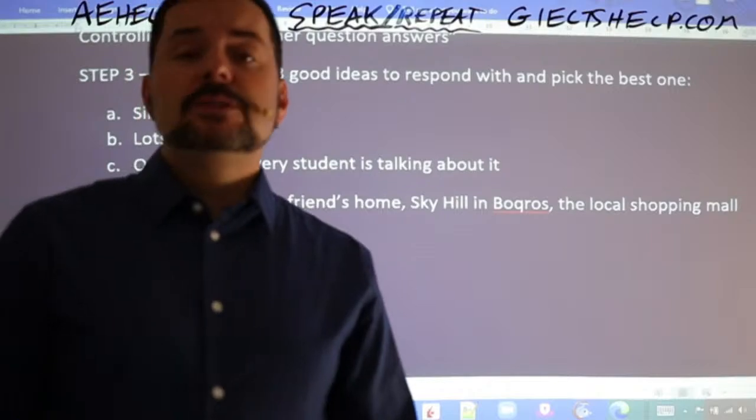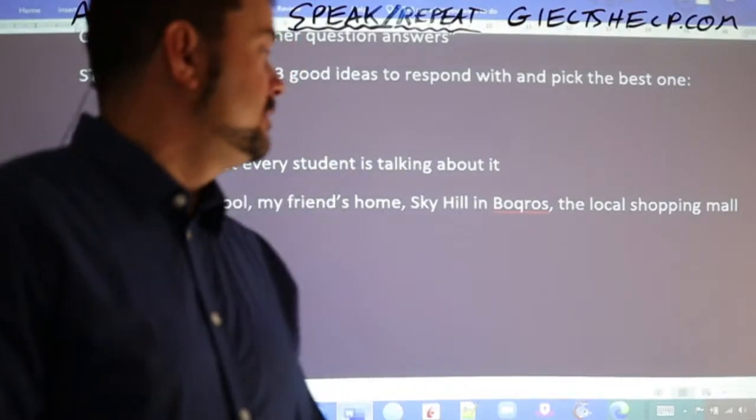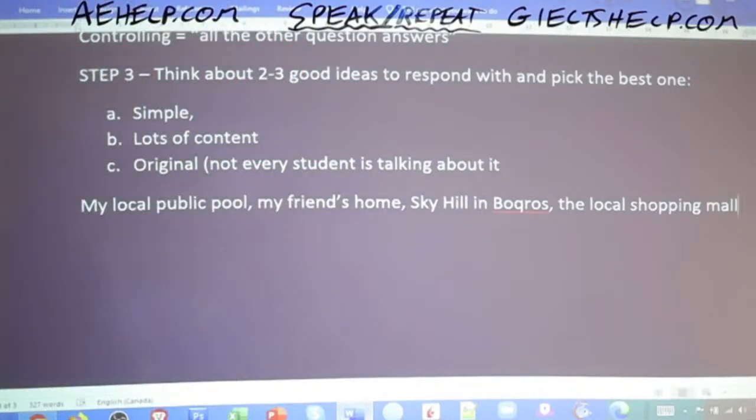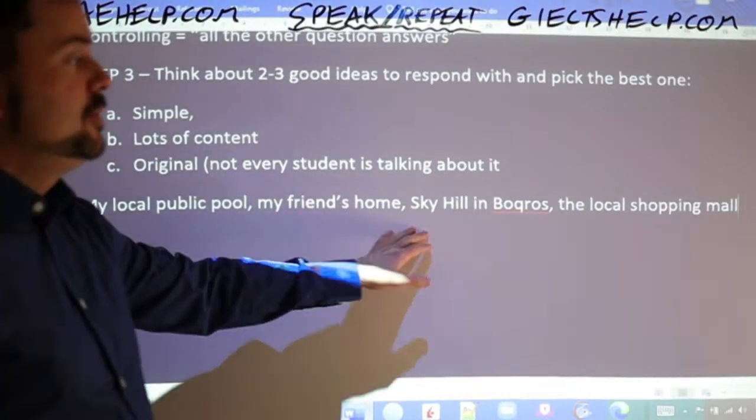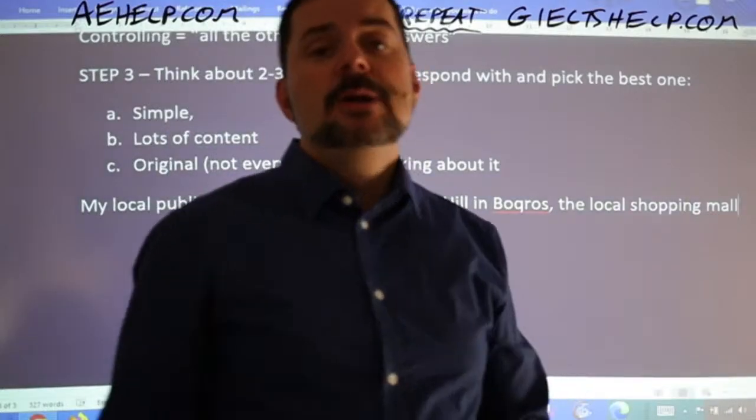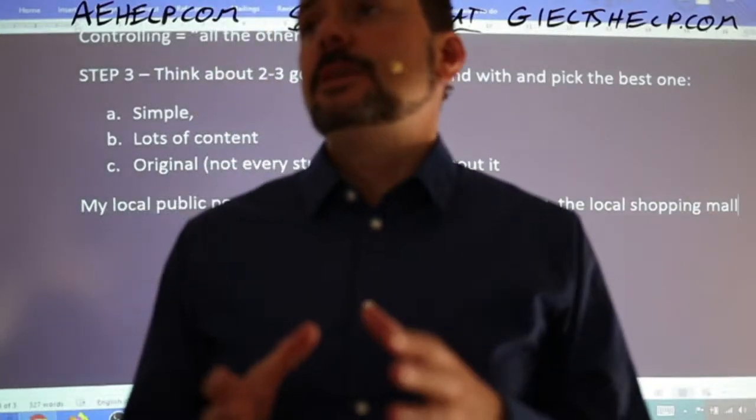You're thinking about some nice examples here of where you avoid going to. So the local public pool, my friend's home, Sky Hill in Bokros, and the local shopping mall. Now, of course, for you, this can be unique.